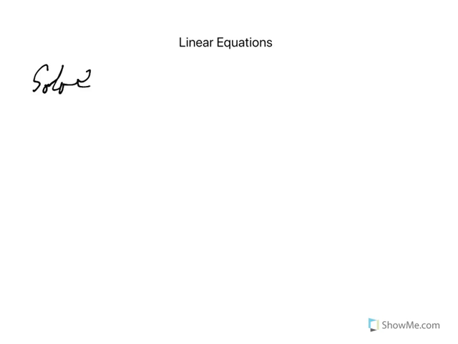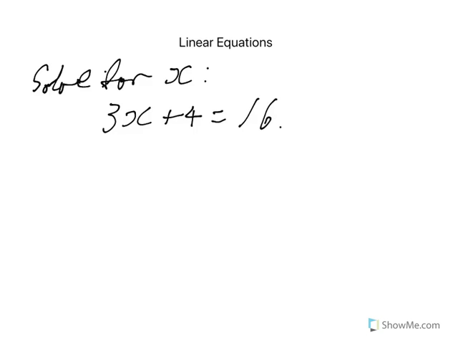So you might want to solve some equations. So first one, and we want to solve for x. The first one, for example, 3x plus 4 equals 16. And so we're going to solve that.